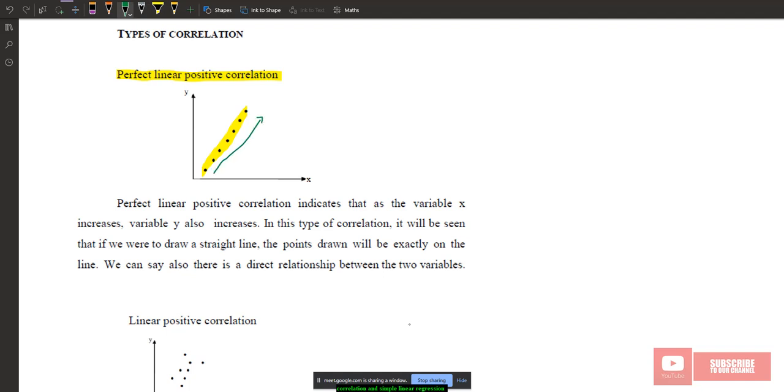The perfect linear positive correlation indicates that when variable x increases, variable y also increases. Let's say this one is the number of cigarettes smoked, and this is heart disease, so the risk of heart disease.